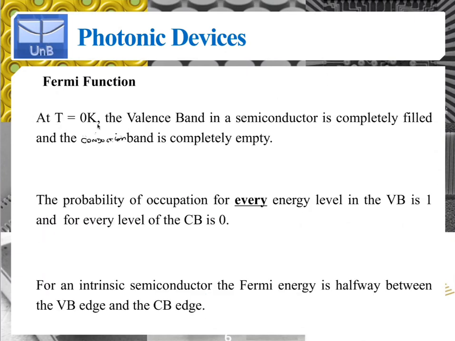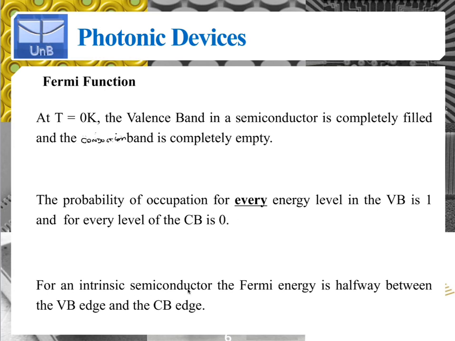Now, as we saw, at 0 Kelvin the valence band is completely filled and the conduction band is completely empty in a semiconductor. Therefore, the probability of occupation for every energy level in the valence band must be 1, and for every energy level in the conduction band must be 0, because there's 0 chance of occupation in the conduction band.